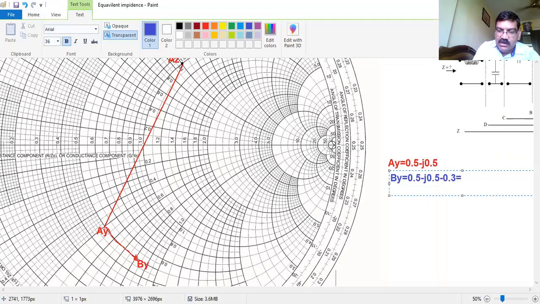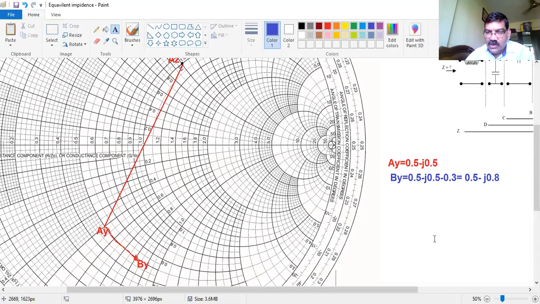So here it equals 0.5 minus j0.8. Okay, this we got. Now we will convert by to bz.